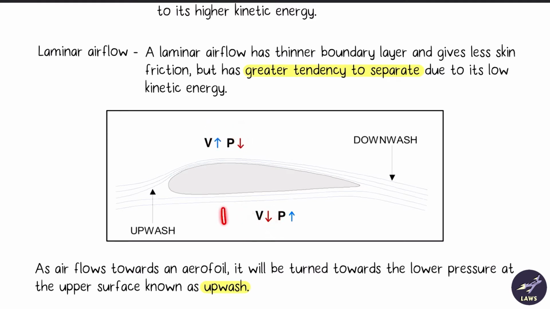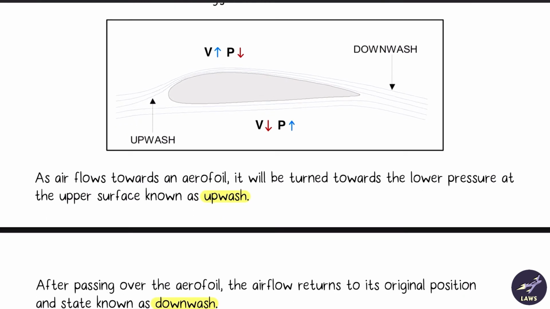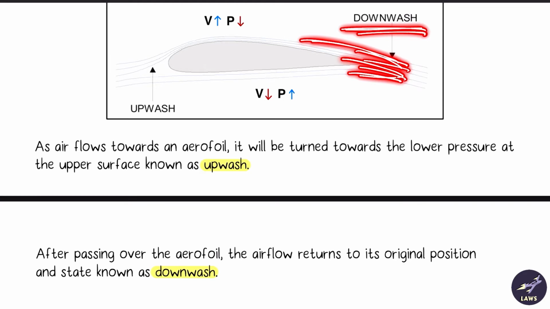So again, high to low, we'll have lift. This air going towards the low pressure upper region is known as upwash. Similarly, after passing the aerofoil, the airflow returning down to its original position is known as downwash.